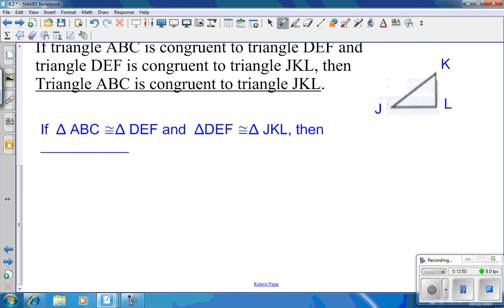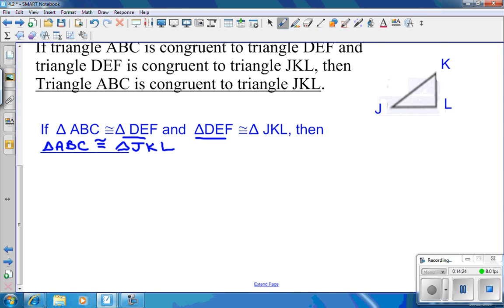If I have a triangle ABC and it's congruent to the triangle DEF, and that same triangle DEF is congruent to triangle JKL, then I know also that triangle ABC is congruent to JKL. Very good. Make sense? You just had 3 triangles that are congruent. You just had to logically think through that.